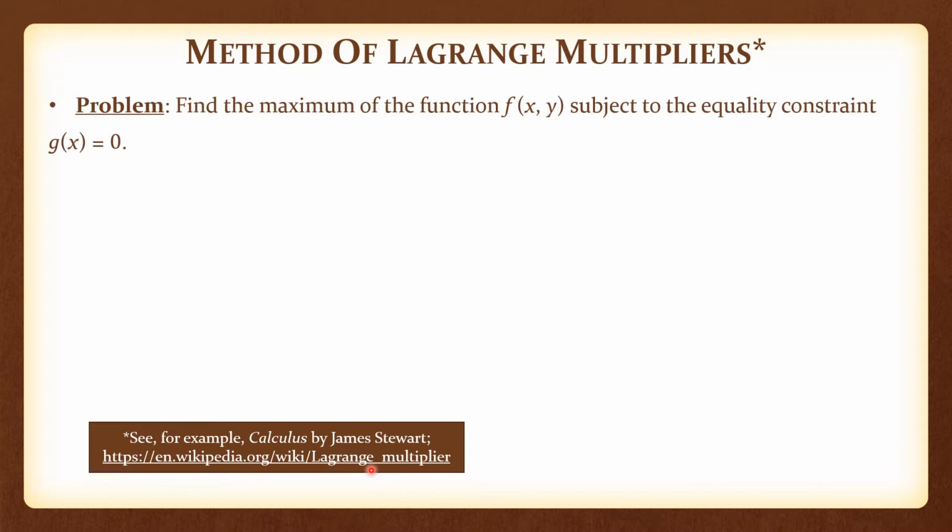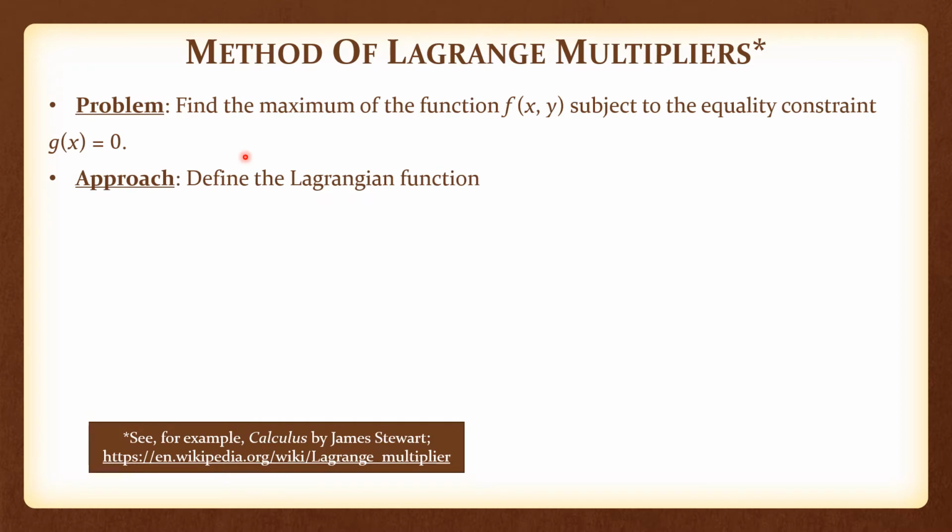So here is the problem statement. Find the maximum of the function f of x comma y subject to the equality constraint g of x equal to 0. We didn't have g of x equal to 0. We had sigma pi equal to 1. So the constraint will be sigma pi minus 1 equal to 0, isn't it?